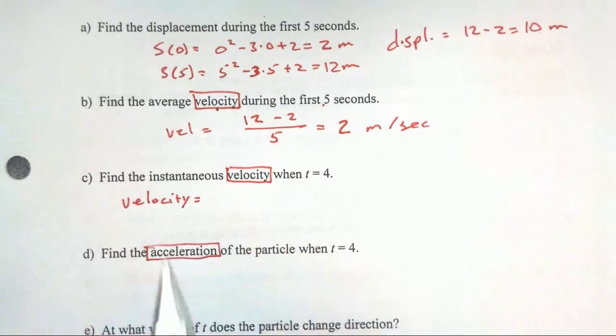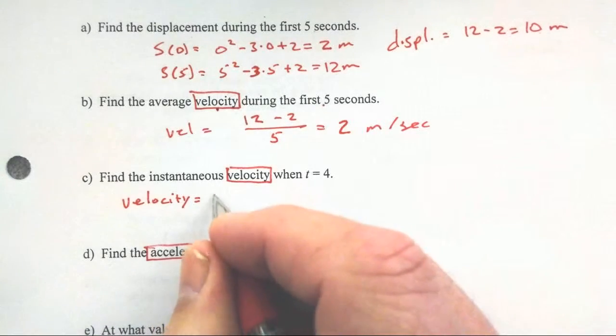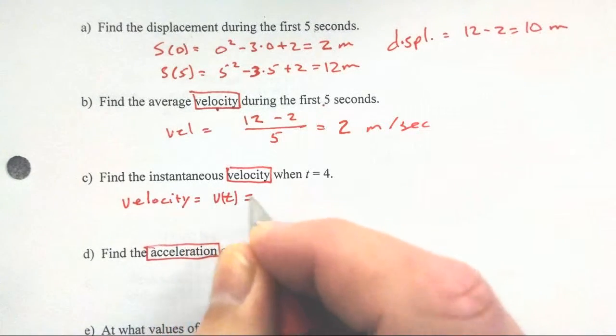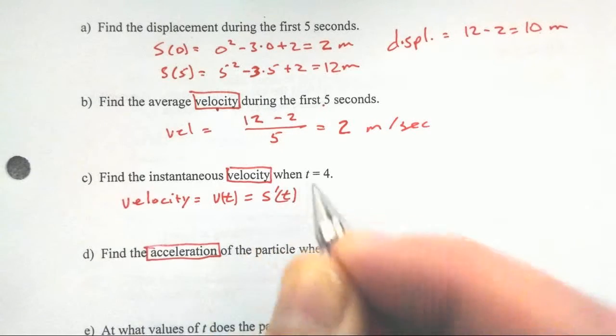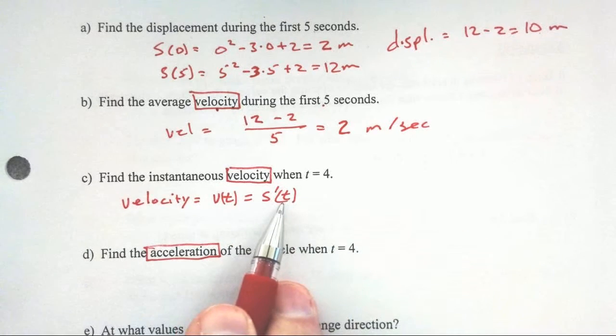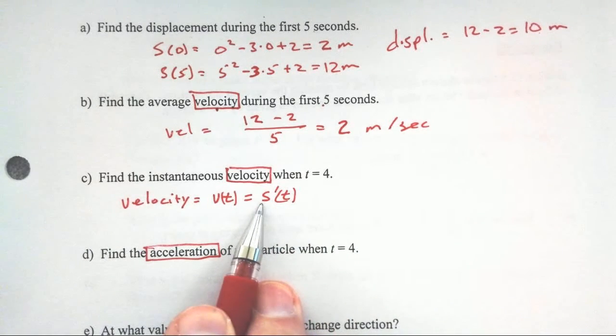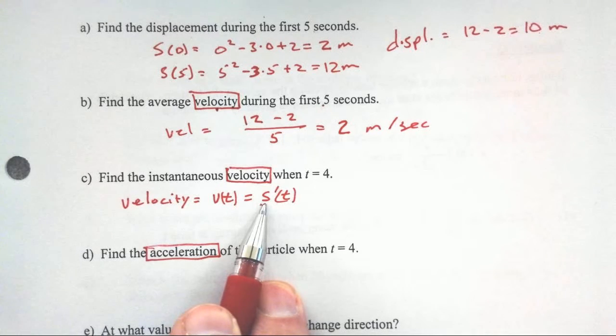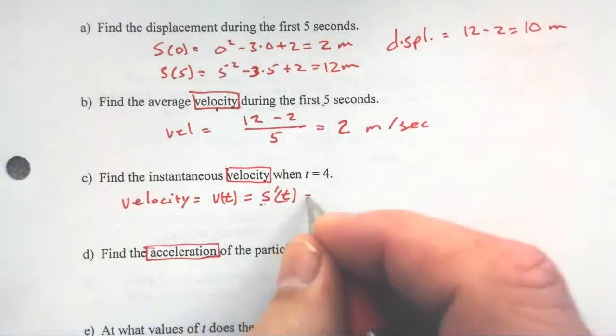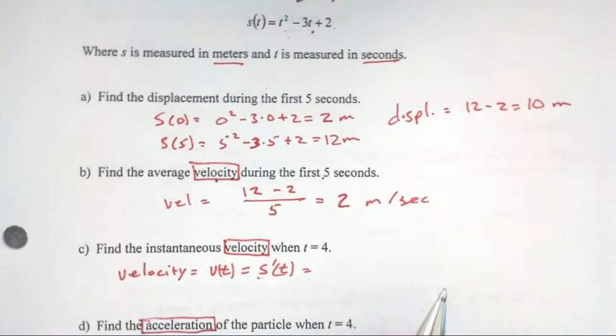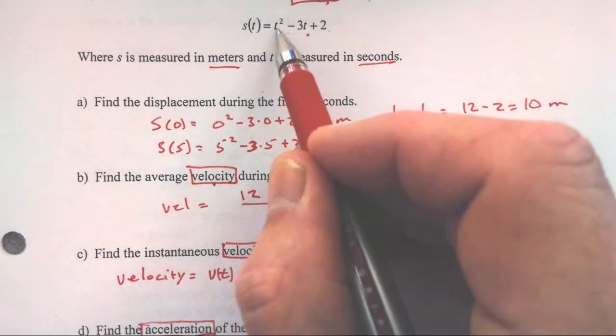Now for instantaneous velocity, velocity is going to equal, we'll call it v of t, that's going to equal s prime of t, or the first derivative of our position function. Why we use s for position is a mystery to me, but that is what we often or always use. That's an easy enough derivative. It's just a power rule over a polynomial.